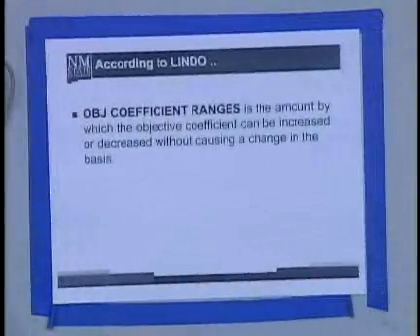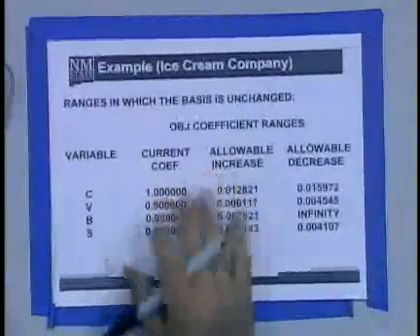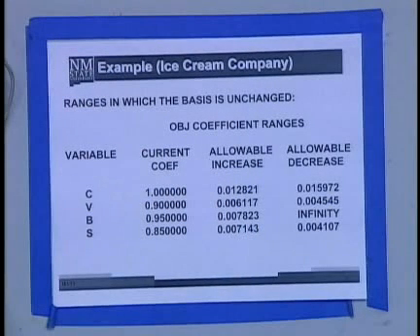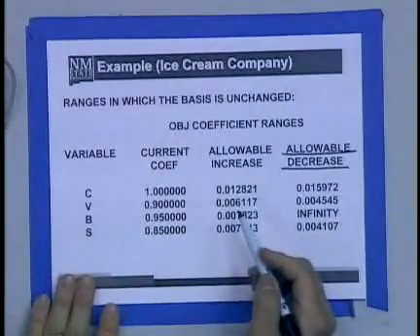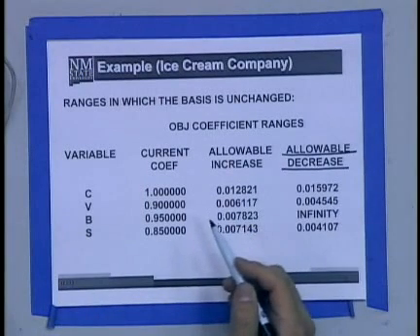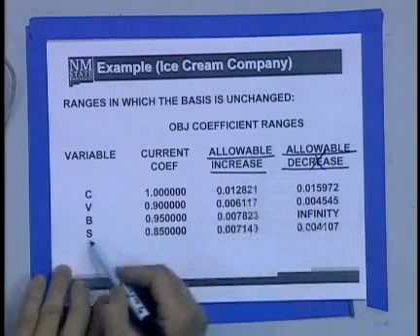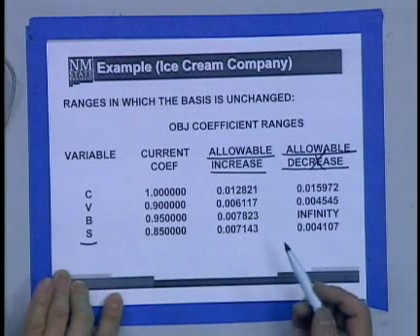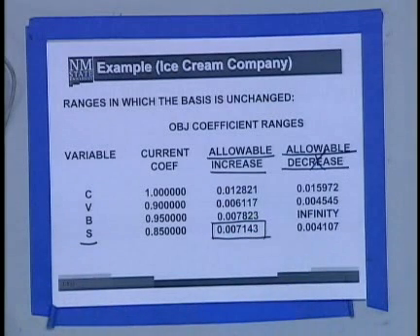So, you need to look at the objective coefficient ranges first. According to our Lindo output, the allowable increase for strawberry ice cream is 0.007143, right?